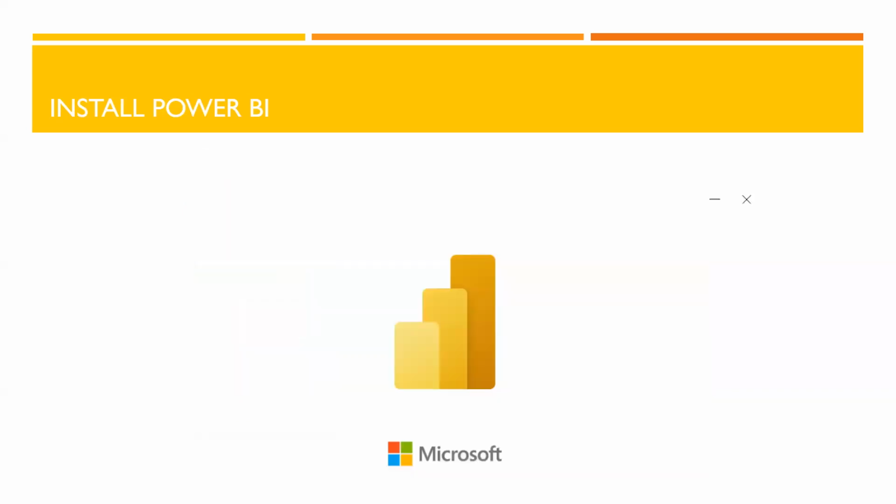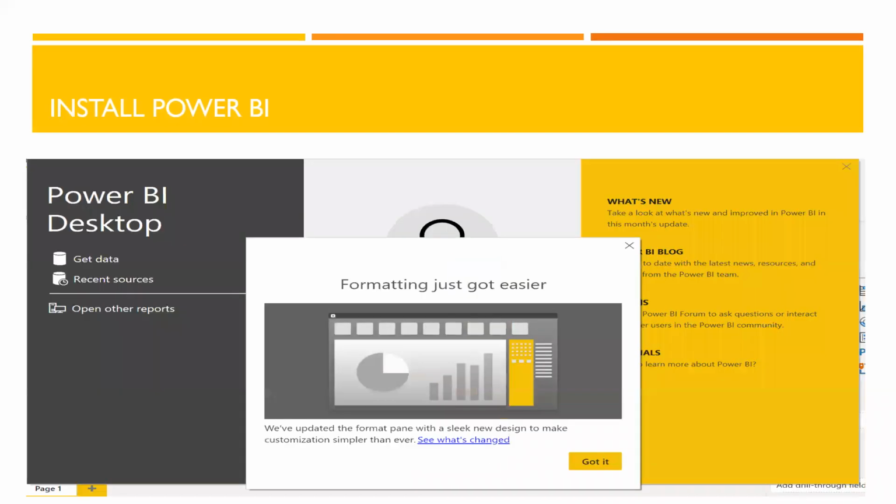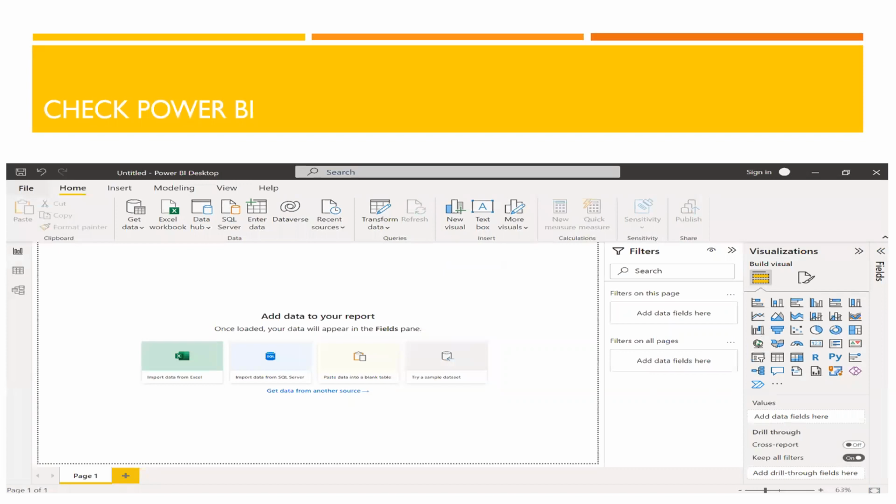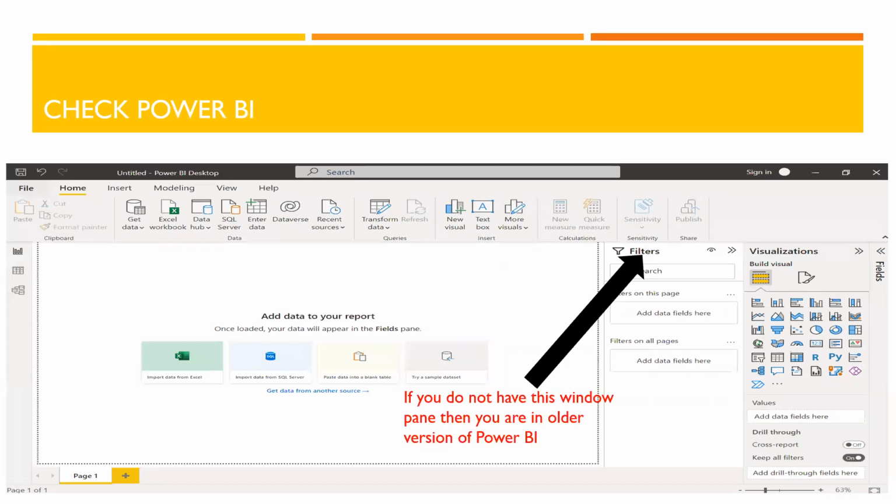After every process is over, this page will come. You have to close these first two pages. Then you will get this Power BI Desktop that is behind it. Here, if Transform Data is not there, that means it is an older version of Power BI. And if the Filter pane is not there, that also means it is an older version.